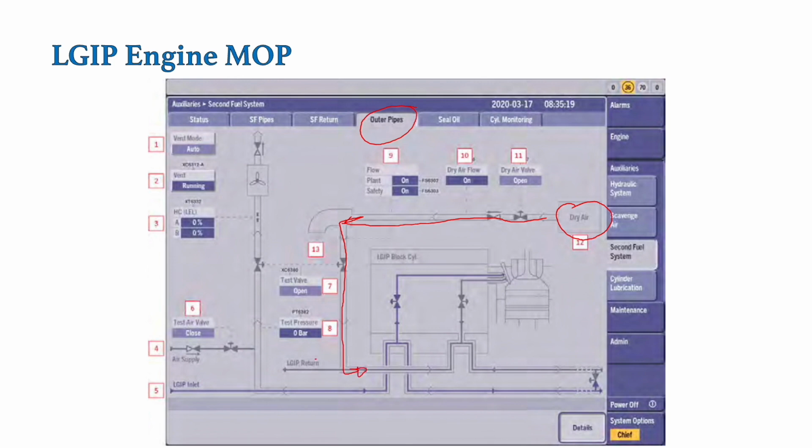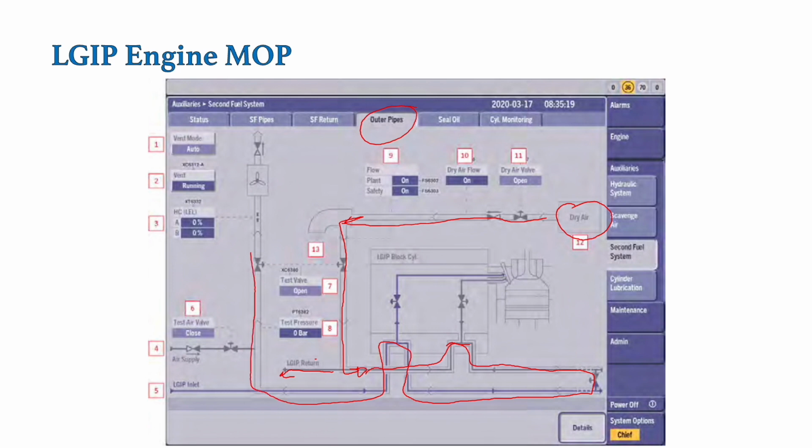So this line over here, as you can see, is the return of LPG, and the outer periphery or the annular space is basically supplied with dry air, and this enters the engine room, and then it is vented out to the atmosphere, like this.